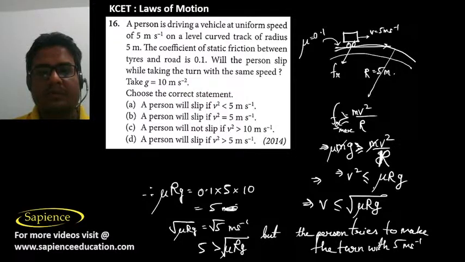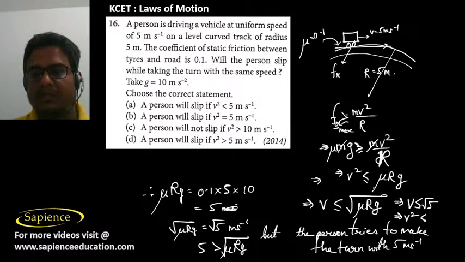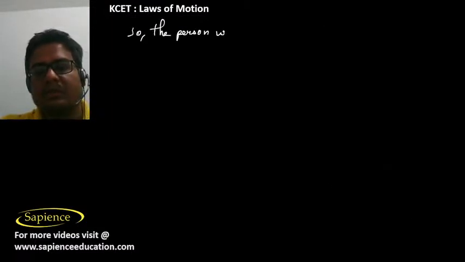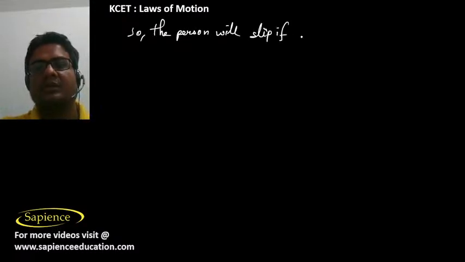So choose the correct statement. Here you can say that v should be less than or equal to root 5, or v square should be less than or equal to 5. The person will slip if v square is more than 5, while making the circular turn.